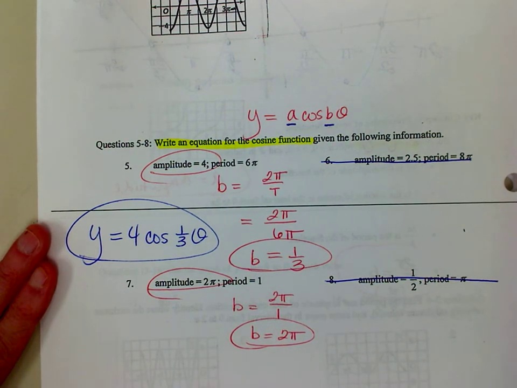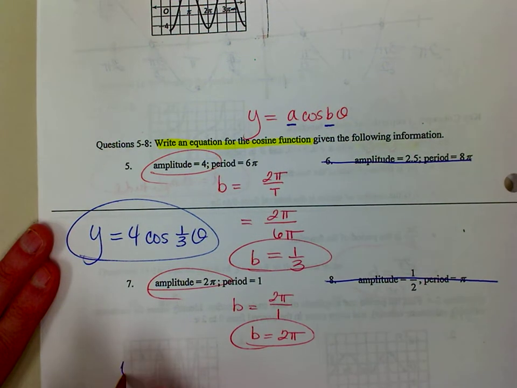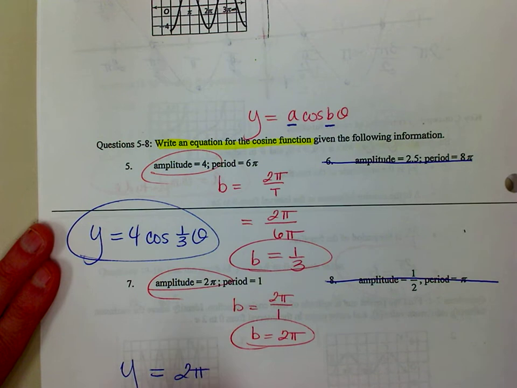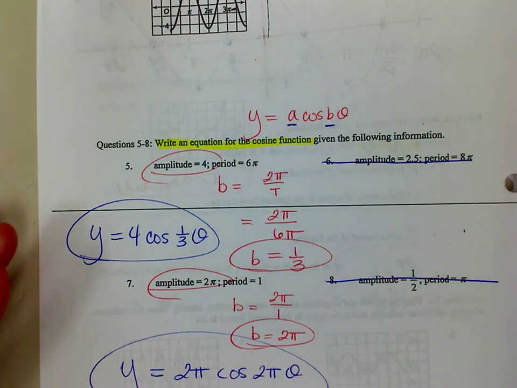So all I have to do is substitute the a and the b and make my equation for cosine. So y equals my amplitude, which is a, is 2 pi, and then cosine of b, and then I put a theta there. So this is a and this is b, you just substitute those in.